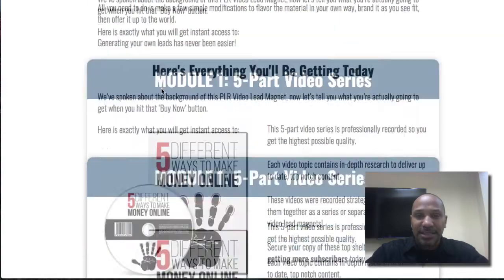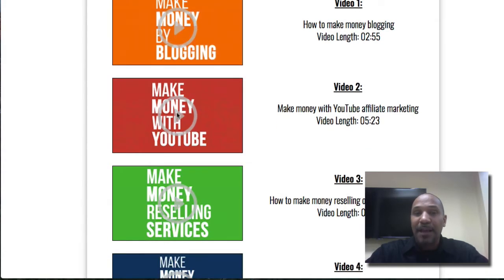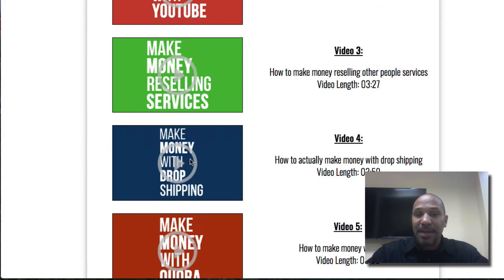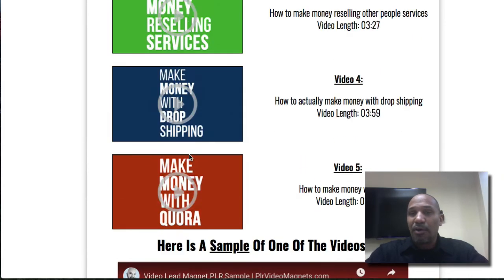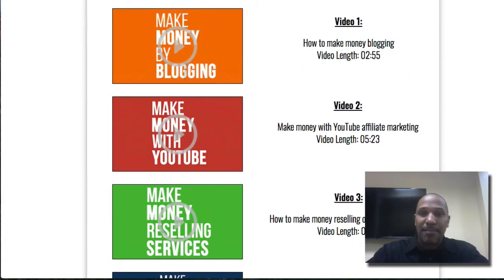Now, with the 5 ways of making money online, you're going to see down here, this was the video content that came with it. Make money by blogging, make money with YouTube, make money reselling services, make money with drop shipping, and make money with Quora. But let's say you're not interested in these 3 at the bottom. Let's say you're only interested in make money by blogging and make money with YouTube.